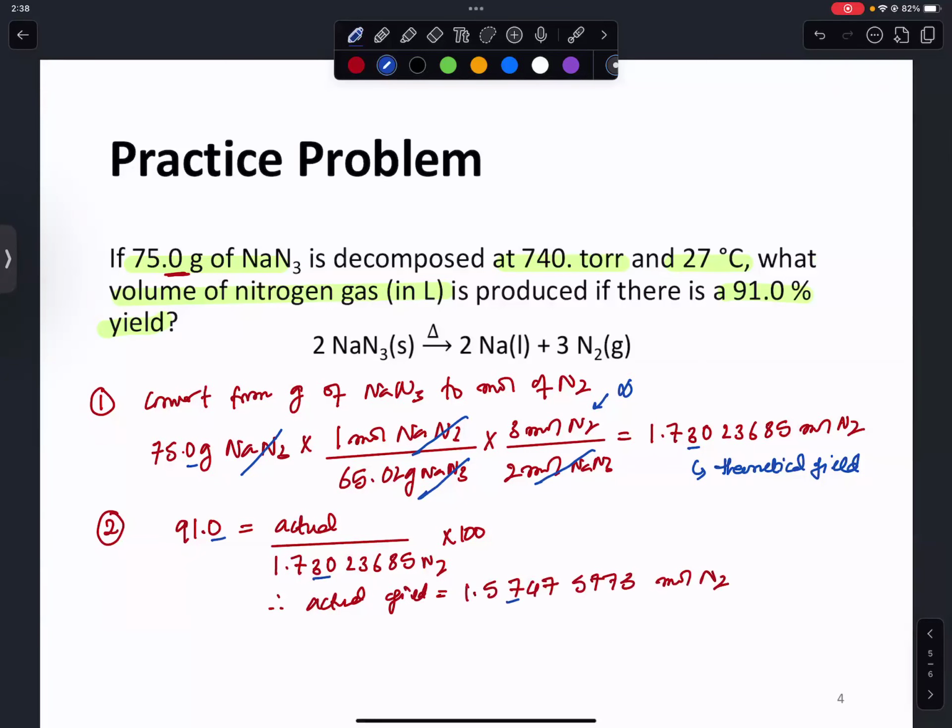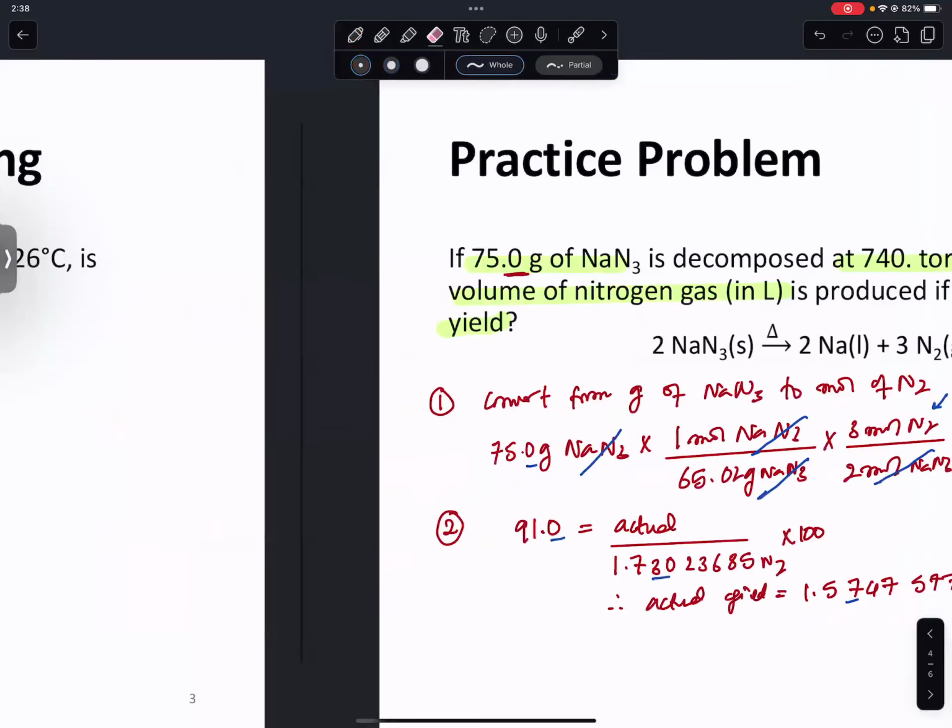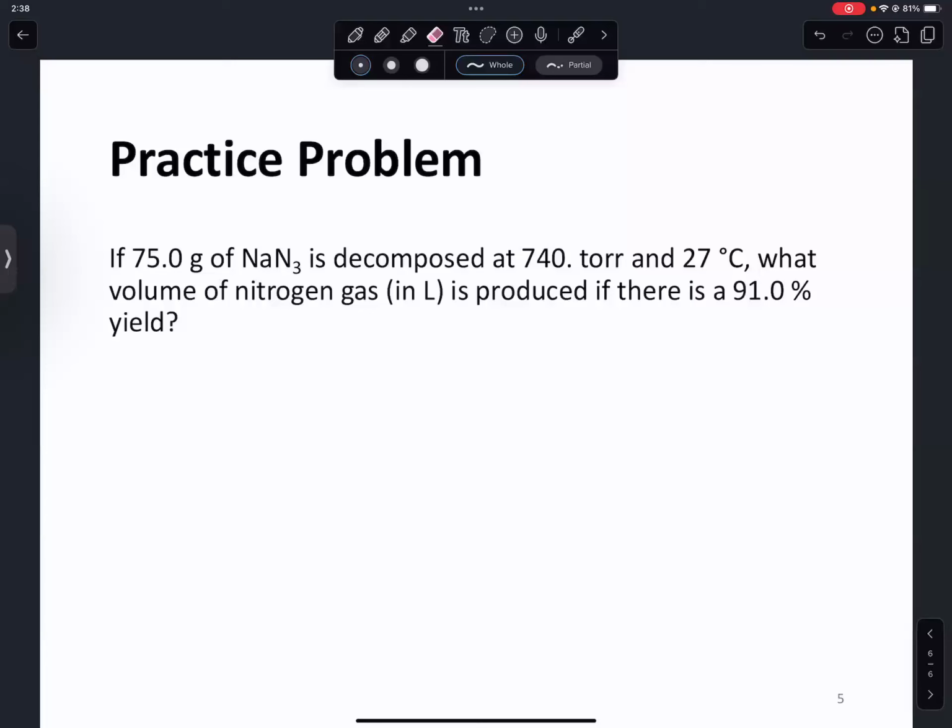Now, again, I'm going to use the ideal gas law. Let me move to the next slide. So I'm going to say the third step is we are going to say that PV equals nRT. And the pressure now is given to me in torr.